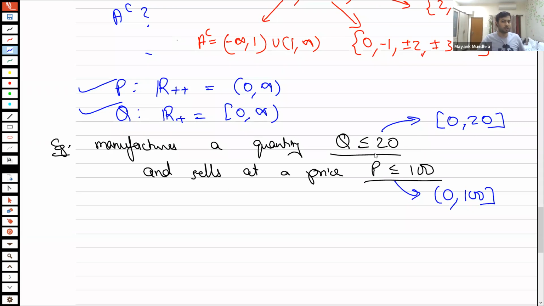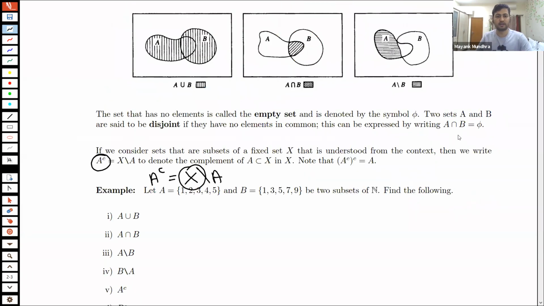But if a simple mathematician were asked, if quantity less than or equal to 20 is allowed, what is the set of allowed values for Q? A mathematician would say that the allowed values for Q are negative infinity to 20. Okay, but since we are economists, we know that Q being a quantity has to be greater than or equal to 0. So that's the difference which knowing the field makes.